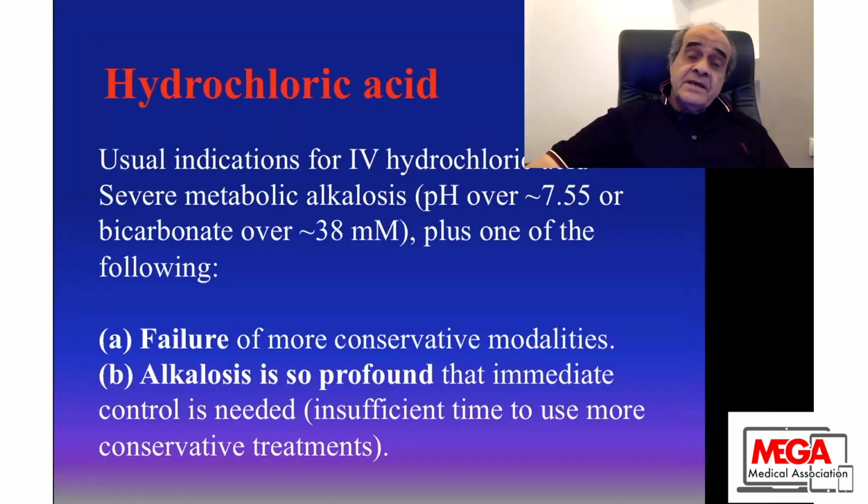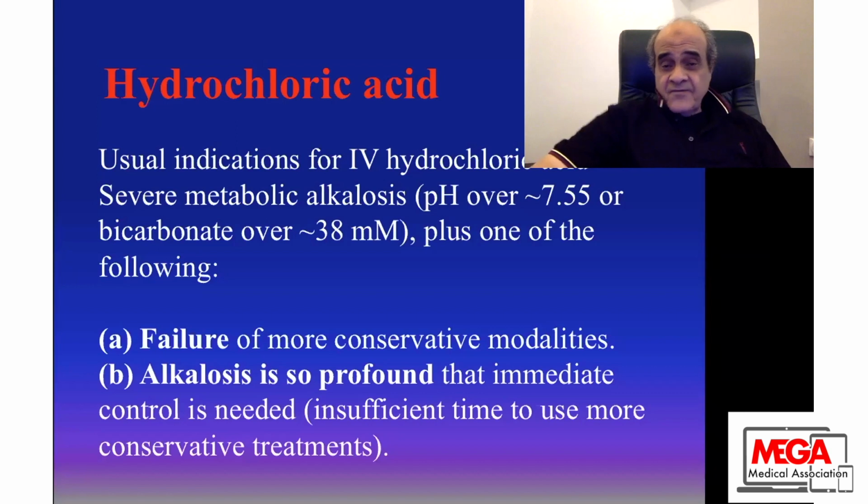Hydrochloric acid actually, we can use it as an indication for IV hydrochloric acid in severe metabolic alkalosis, pH over 7.55 and bicarb more than 38 millimole, plus one of the following.